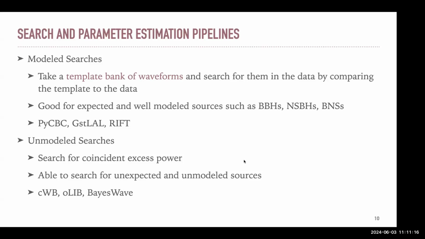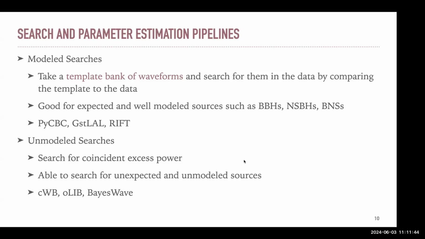This is really great for systems that we expect to see and are able to model well, such as binary black holes, which are one of the big things we're able to create templates for. The same goes for neutron star black hole and binary neutron star systems. Some of those search pipelines are PyCBC and GstLAL. RIFT is less of a search pipeline and more of a parameter estimation pipeline, but still templated.